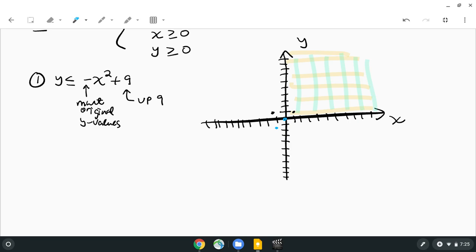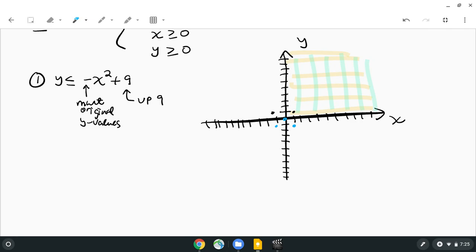Oops, that doesn't look like -1. Let me do that one over. And this one. Because you multiply the y values by -1. And now we're going to shift these all up 9 units.